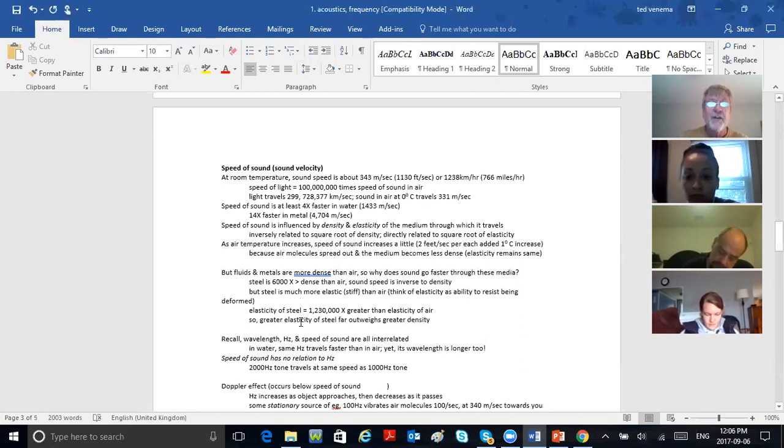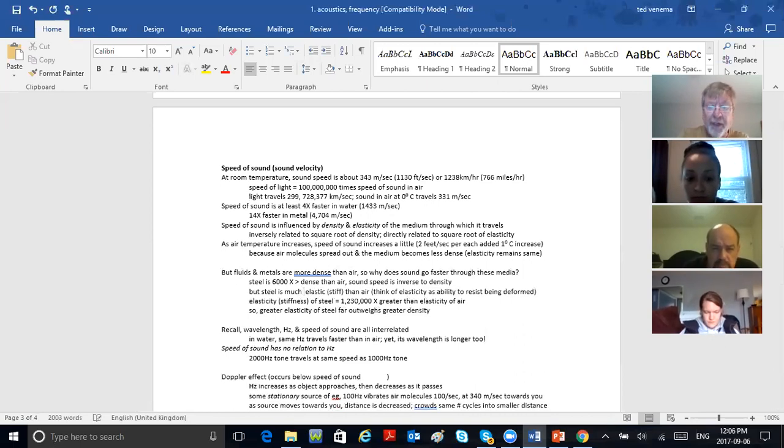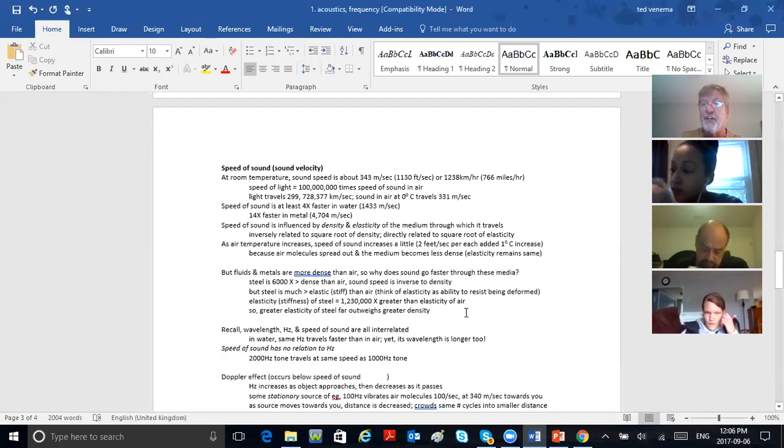The elasticity of steel, or the stiffness, of steel, is much greater than that of air. So there you have it. Steel is way more stiff than air. Think of elasticity or stiffness as the ability to resist being deformed.